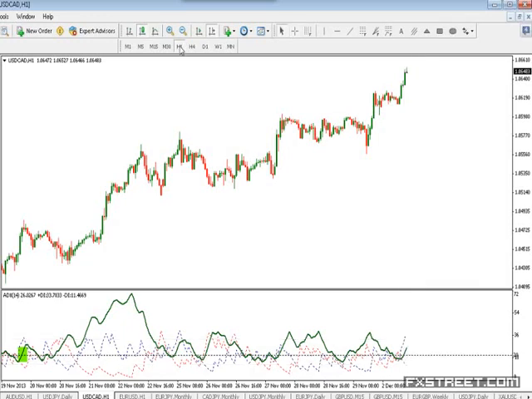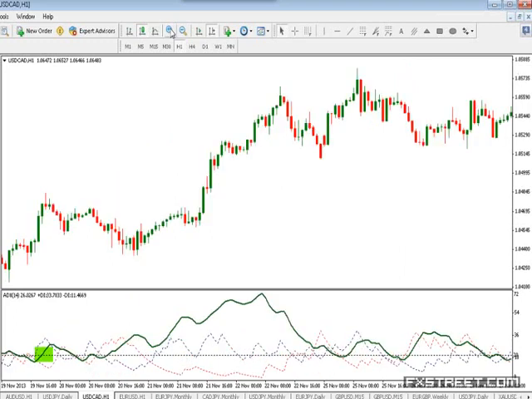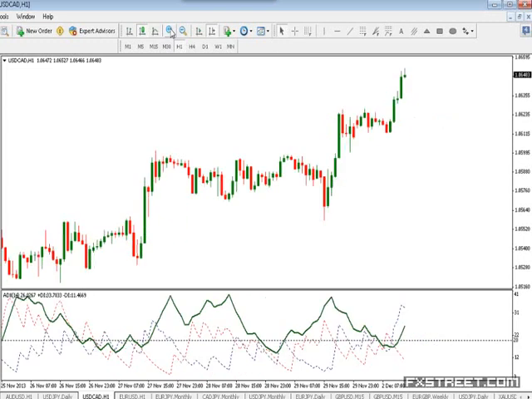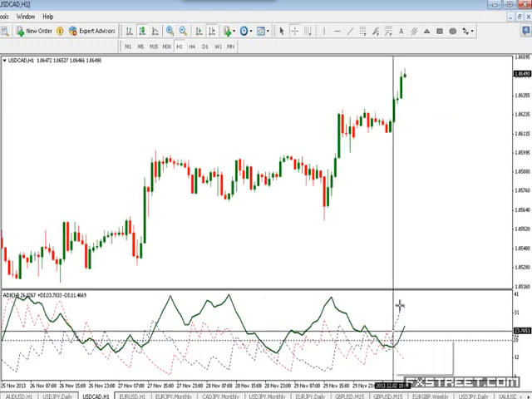If the ADX crosses the DMI line, when you're looking at a trend, you look at your plus and minus DMI. If your plus DMI line, the blue DMI line, is above, it means it's an uptrend. And if your ADX crosses the DMI line, you have a look at the opposite DMI line.